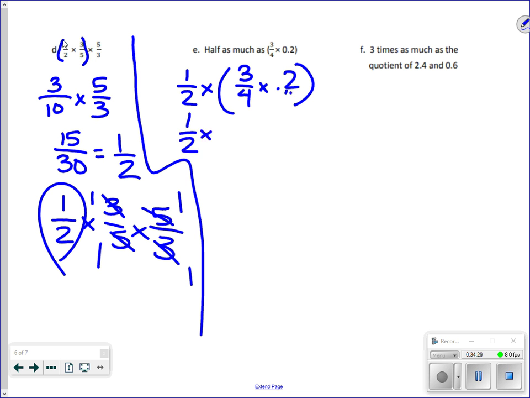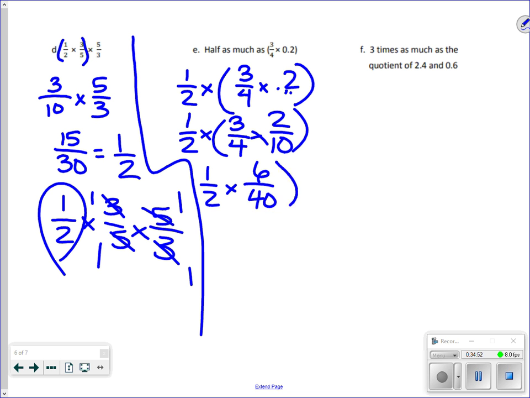You need to turn this into a fraction. 3/4. How do you say this? 2/10. That's how you write it. Decimal 2 is 2 over 10. 2/10. So 1/2. 3 times 2, 6. 4 times 10, 40.